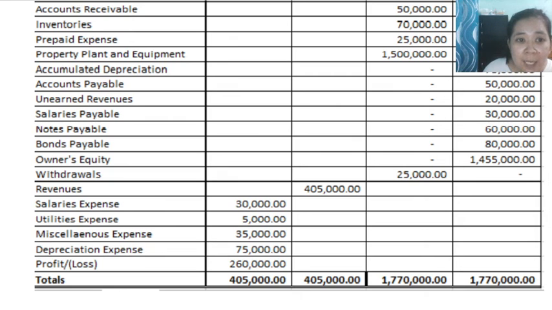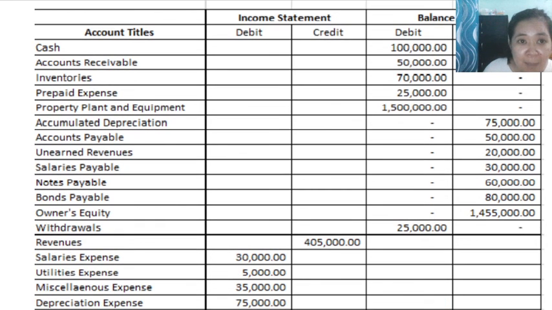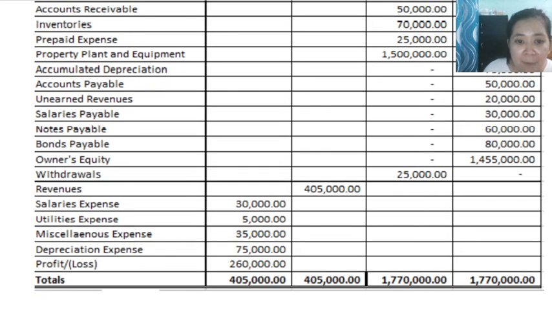If you notice here, we have a difference of 260. This is written on the debit side, but it pertains to our profit. In this case, our revenue is more than our expense, so the difference is placed on the debit side to make our bottom line equal. This is our profit.